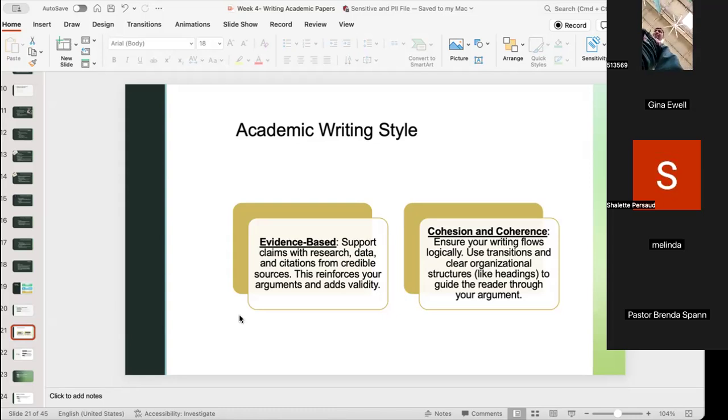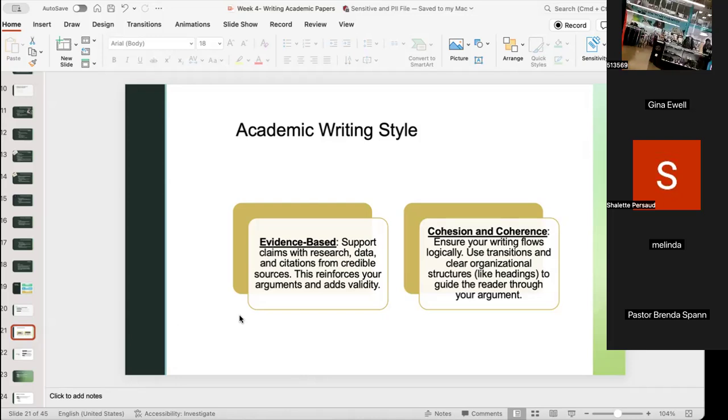Make sure your writing flows logically. In other words, you want to use transitions. We talked about using transitions at the beginning of each of your supporting paragraphs. That's always a great idea. If you have in a specific paragraph maybe 4 things that you're talking about in reference to whatever your paper is about, you might put first blah, blah, blah, then blah, blah, blah, also blah, blah, blah, and finally blah, blah, blah.